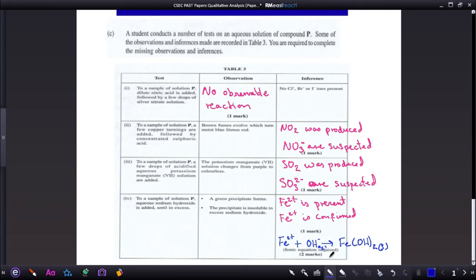Aqueous, Fe2+ taken from the aqueous mix, so aqueous is there. And to balance the equation, we have 2 hydroxide over here, so we need 2 over here as well. And so that would complete the table for this particular year. Okay.